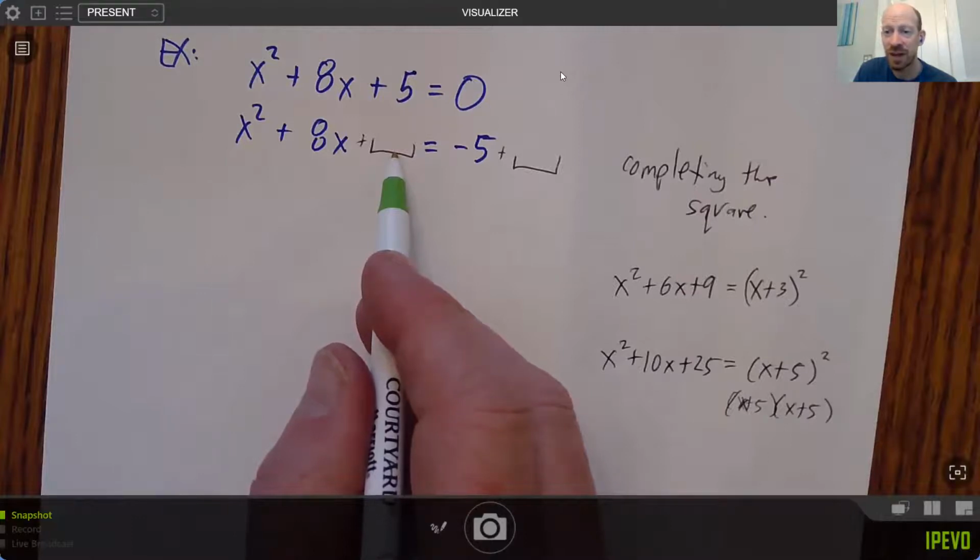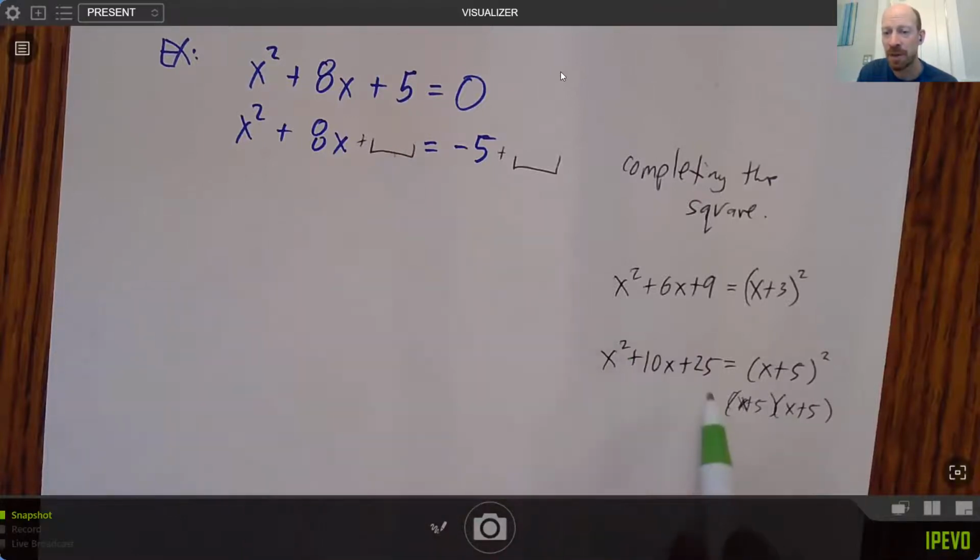This is our chance to make the problem the way we want it, right? A dream situation. You see the pattern here? The 6x and the 9 became x plus 3. The 10x and the 25 became x plus 5.